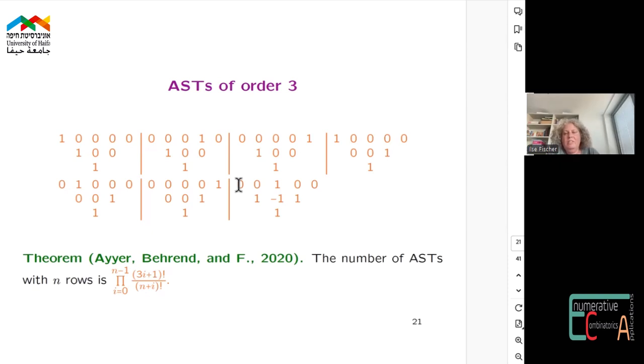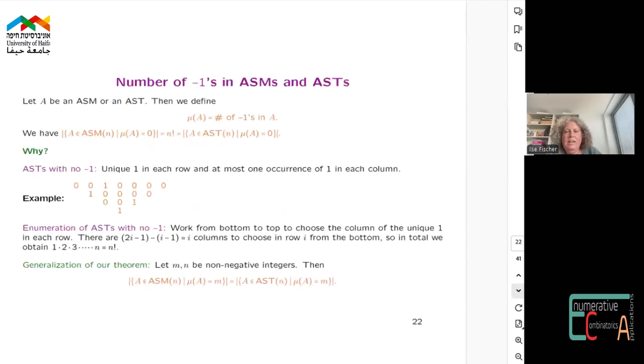I mean, here it's even more mysterious because it's the same type of objects. You have alternating sign matrices and you have alternating sign triangles. So why can't you transform the one into the other? So far we can't. And maybe it's not possible to do this easily.